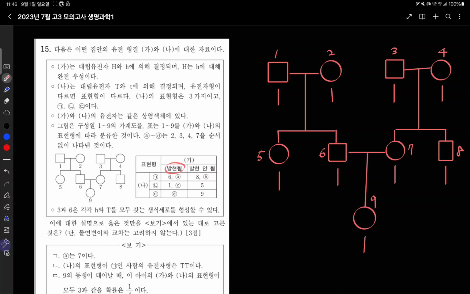So there are 5 people with the first trait expressed, and 4 people do not express the first trait. And for the second trait, these 3 phenotypes, we need to know which genotype makes which phenotype.